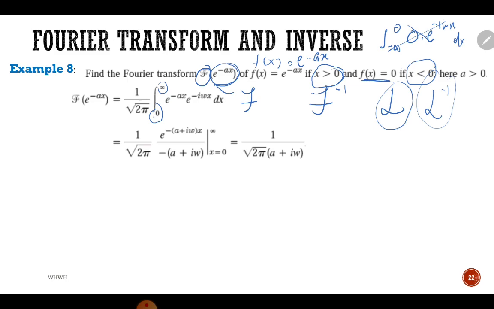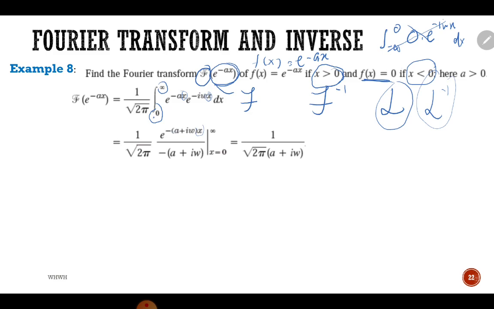So we have here 1 over square root 2 pi, integration from 0 to infinity of e to the power of negative ax multiplied by e to the power of minus i omega x dx. Since we have the same base, you can add up the powers together, and since we have a common variable x here, you may factor out x.